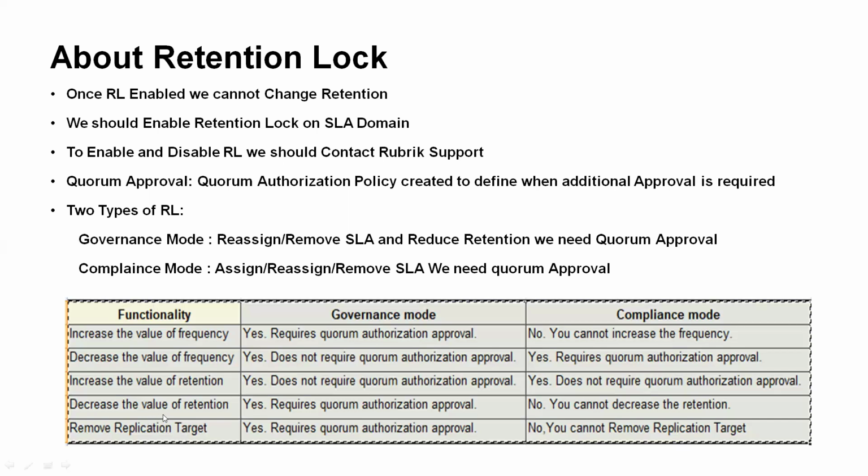But to decrease the value of retention, in governance mode it requires quorum authorization approval, but in compliance mode we cannot decrease the retention. And to remove the replication target, in governance mode it requires quorum authorization, but in compliance mode we cannot remove the replication target.